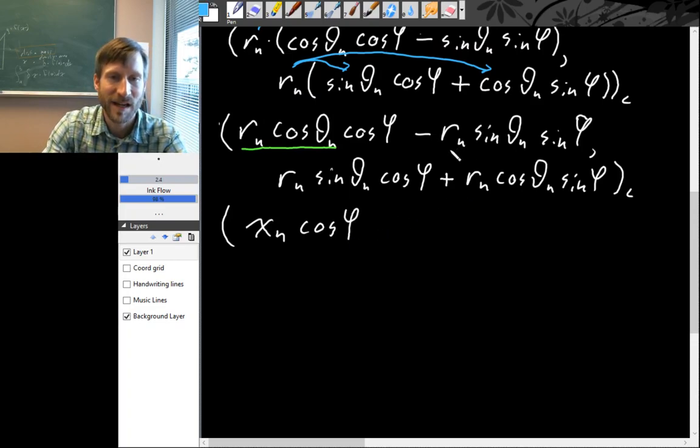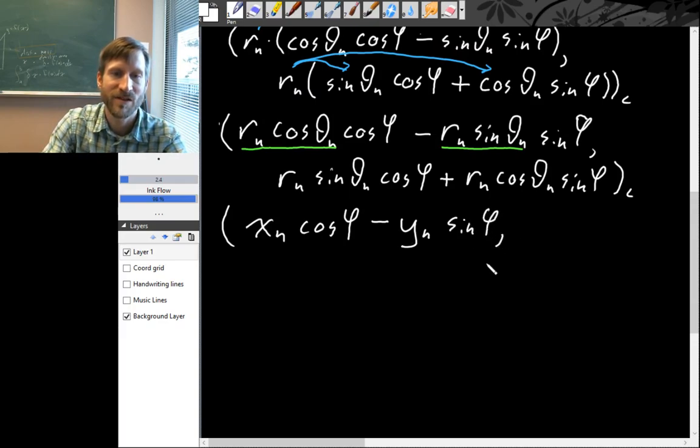And then the next part here, r sub n sine theta sub n, that's minus y sub n times sine of phi. So that's all for the x coordinate of the rotated point.